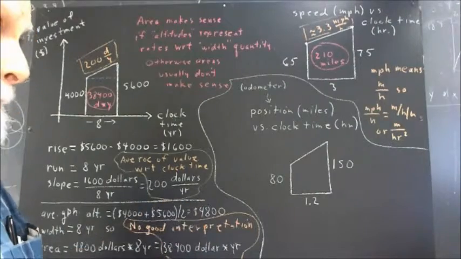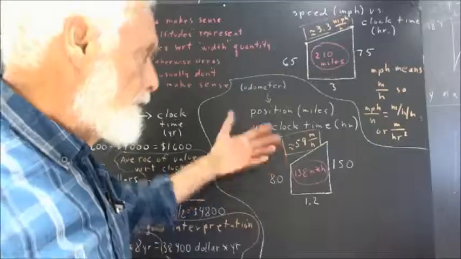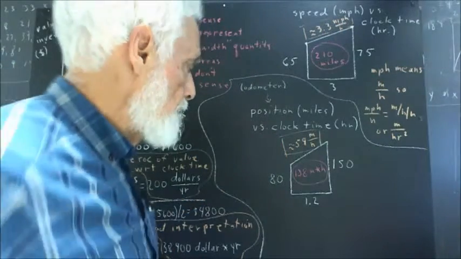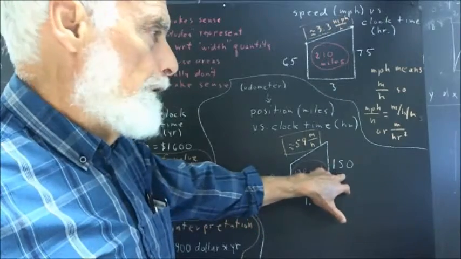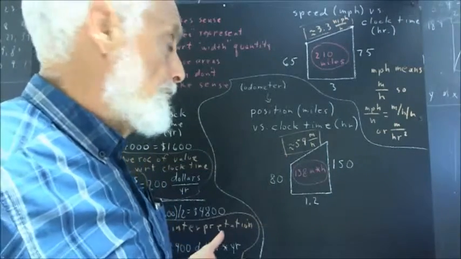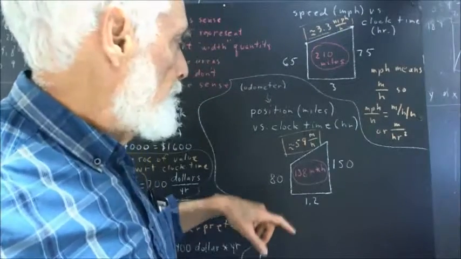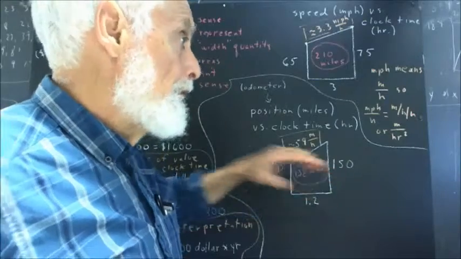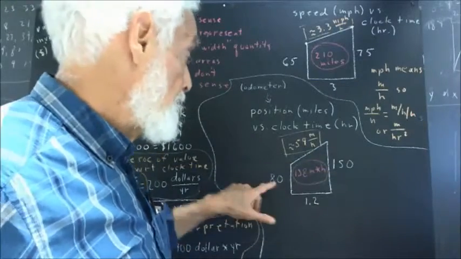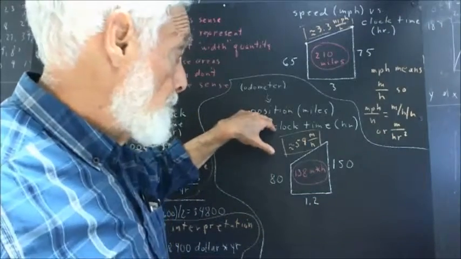You should work that out. Okay, the calculations are straightforward, although numbers are a little messier, and you might well have reached for your calculator to do this. From 80 to 150, the change is 70 miles, and that corresponds to the rise of this trapezoid. The difference is 70 miles, and that represents how far you travel, the change in your position.